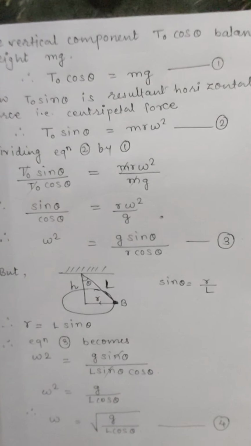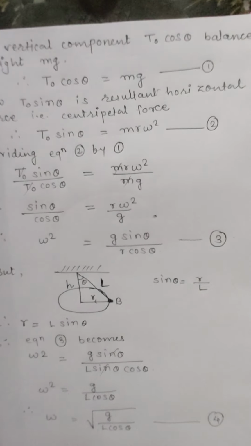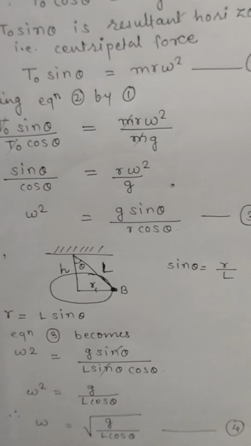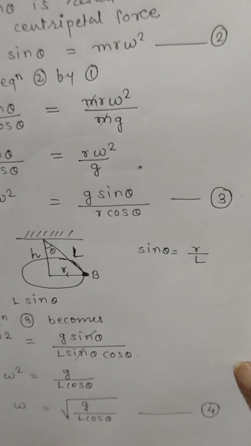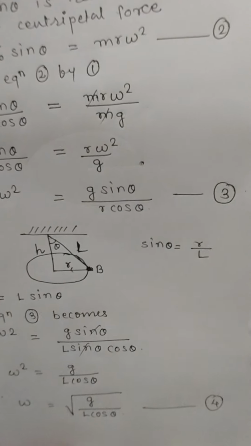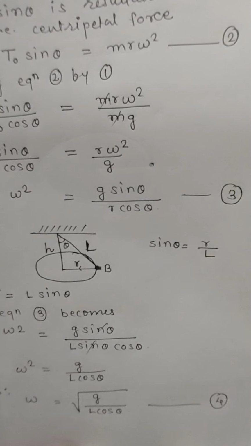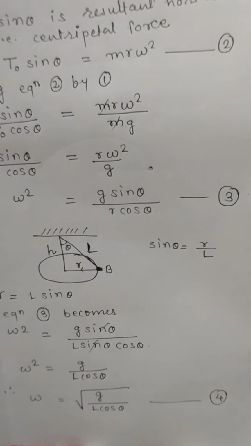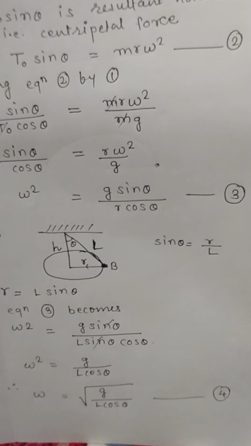Taking the square root on both sides, we will get omega is equal to under root g upon L cos theta. Let us call this equation number 4. Now we have the value of omega as under root g upon L cos theta.